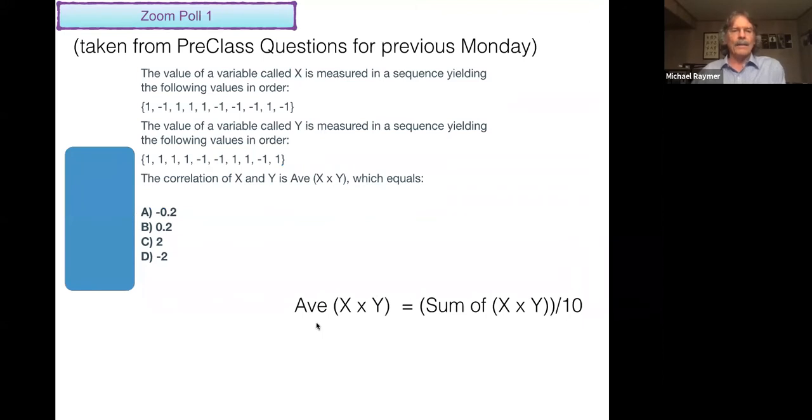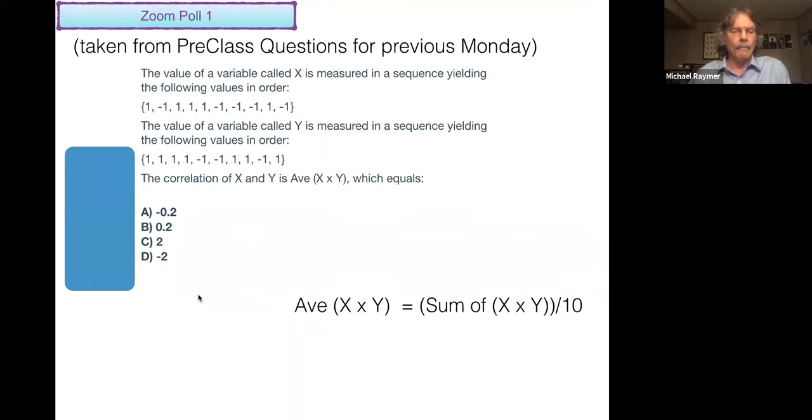And so I'd like to start today with just reminding people how to calculate a correlation. So this is a question from the pre-class questions from last Monday. I'd like to go ahead and launch the poll, and I'd just like you to write down on a piece of paper.